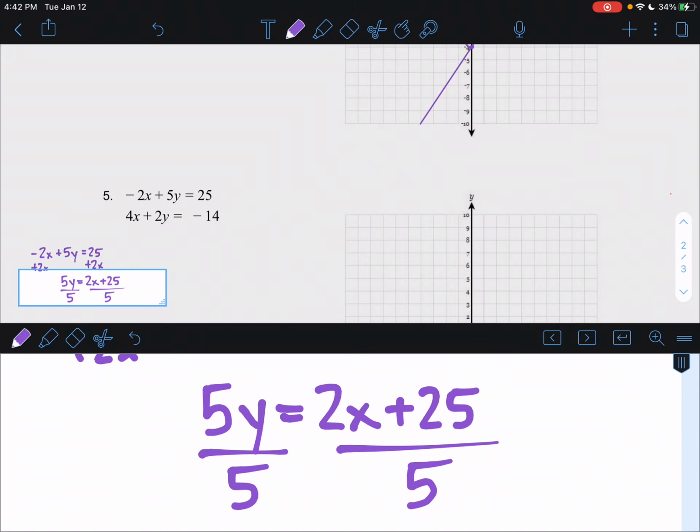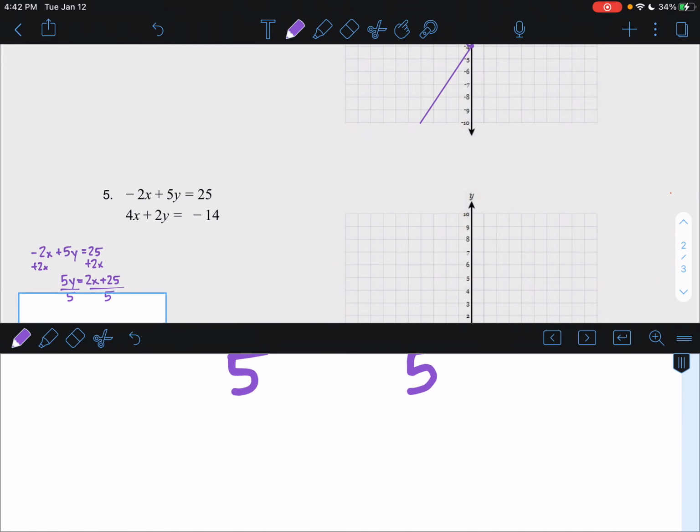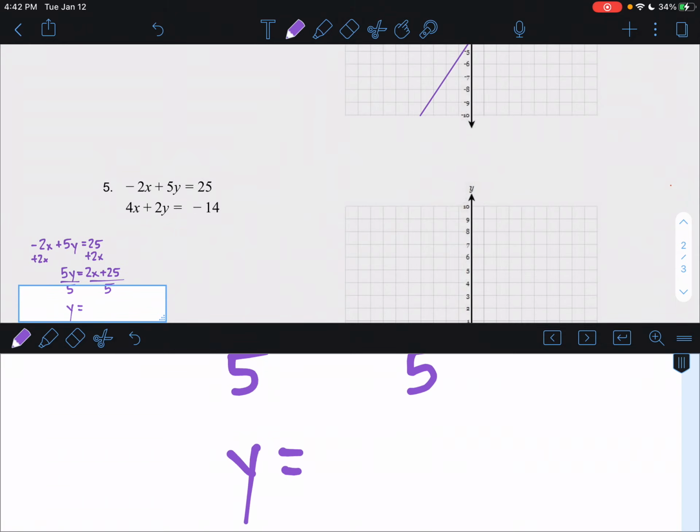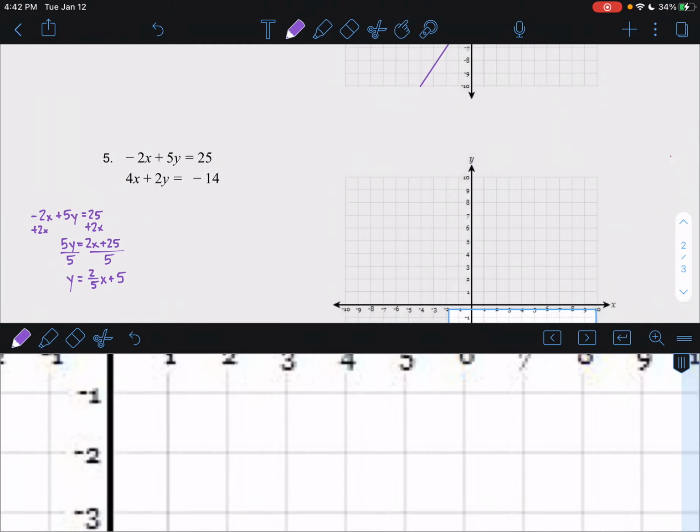Divide both sides by 5. So I have y equals, well, 2 divided by 5 is just 2/5 x, and plus 25 divided by 5 is just 5. So I have 2/5 x plus 5. And I'll go ahead and graph that.